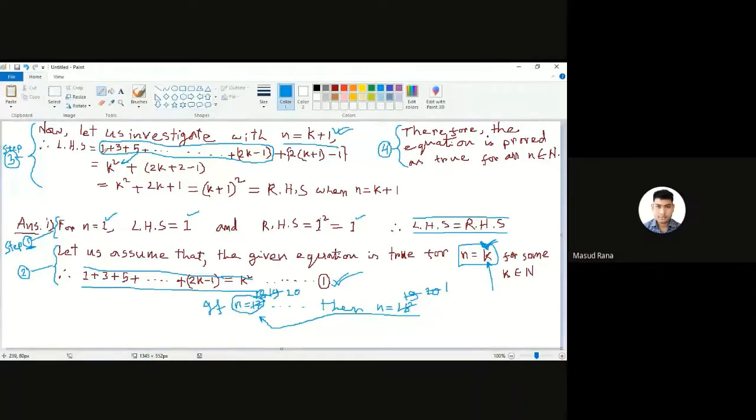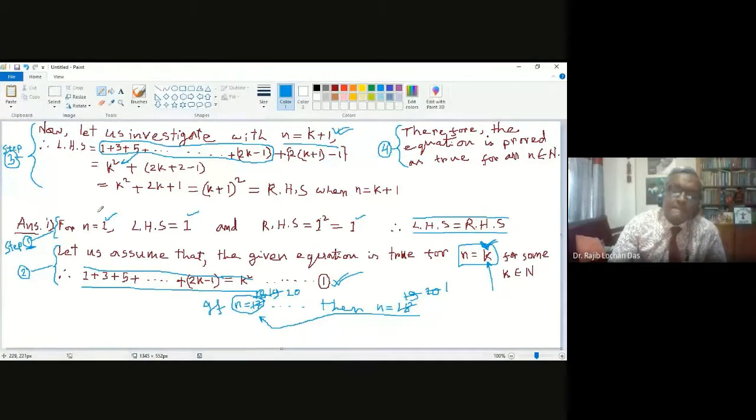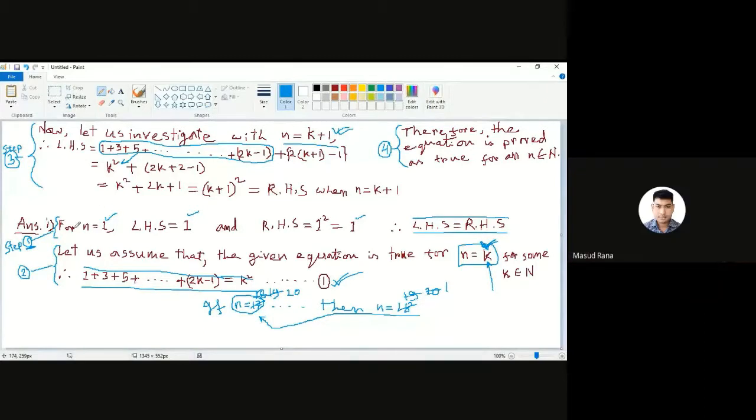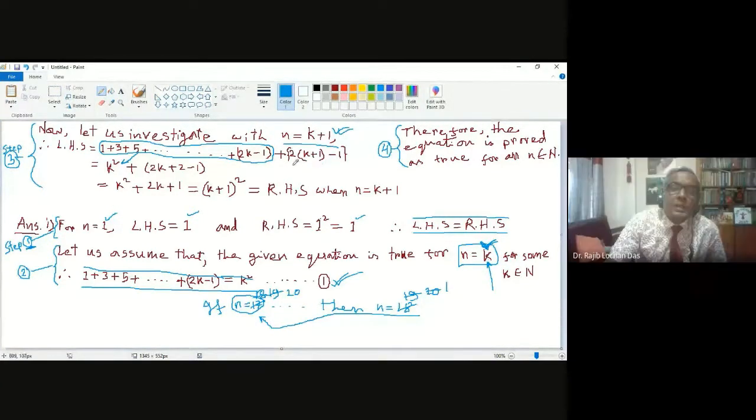Sir, I have another question. In step number 3, how can we get 2k plus 2 minus 1 in the second line, sir? You just expand this bracket. You expand this bracket, 2 into k, 2 into 1.